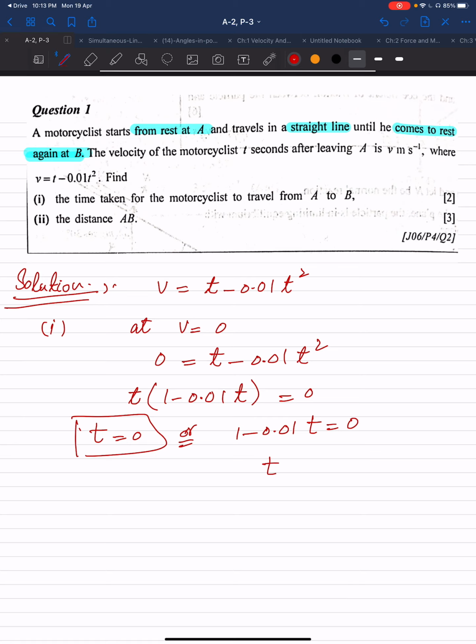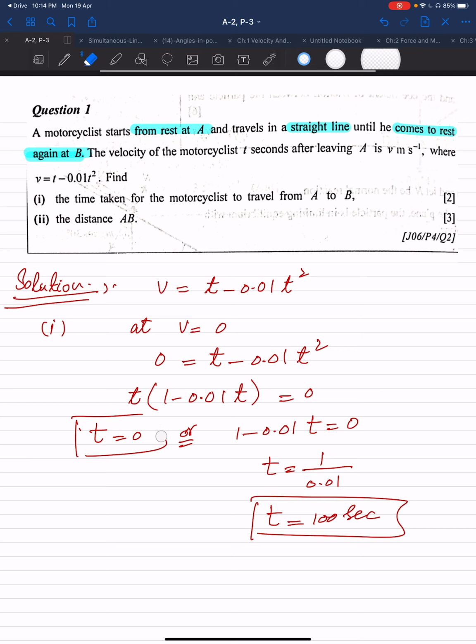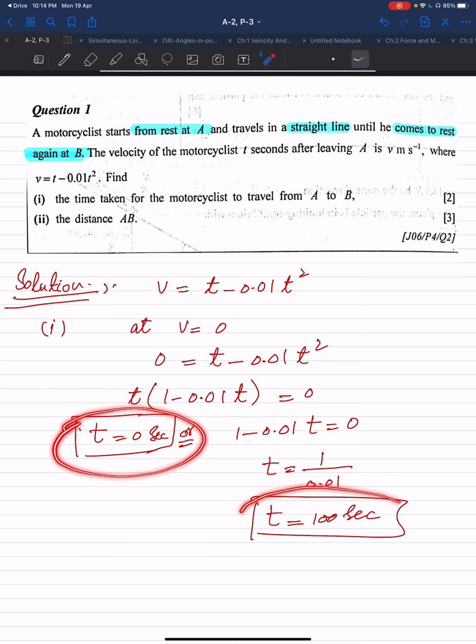Now t is equal to 1 divided by 0.01, so t is equal to 100 seconds. So you got two times when the velocity was 0: t is equal to 0 seconds and t is equal to 100 seconds.